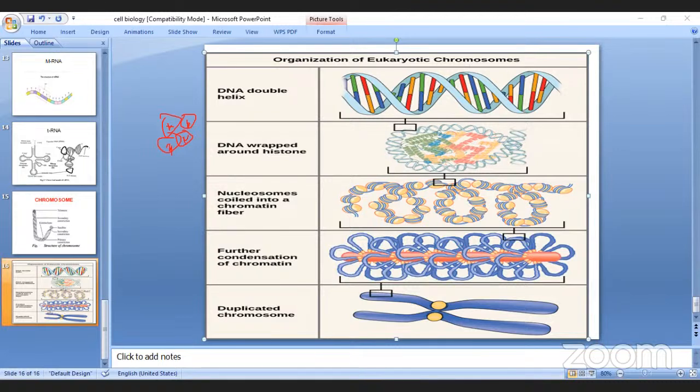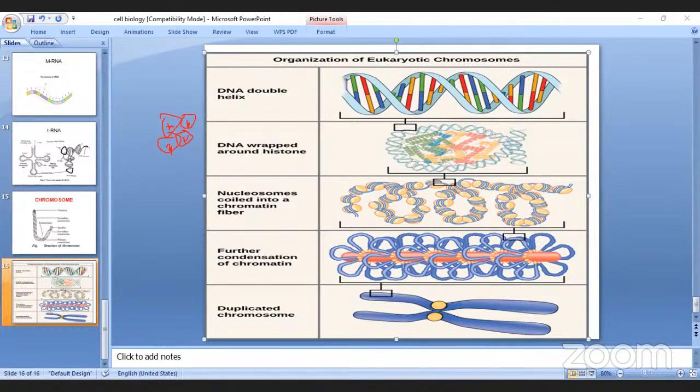But the same number is arranged on the backside also: H2A, H2B, H3 and H4 on the back. Total how many? 4 into 2, 8, sir. 8. So this is called an octamer.